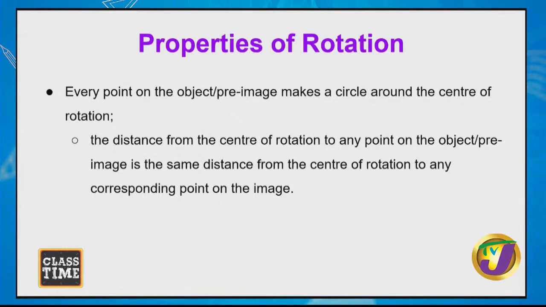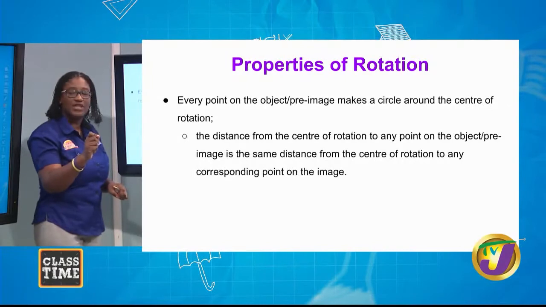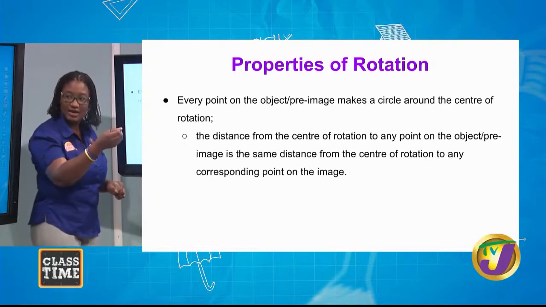And we did that. We actually walked the students through. Yes. Right. And because of that, and you said it too, that A and A prime were on the circumference of the same circle, not true? Yes. So based on that, we also saw that the distance from the center of rotation to any point on the object or pre-image, so if we're thinking about the one we just did, say, for example, from the center to A, right?